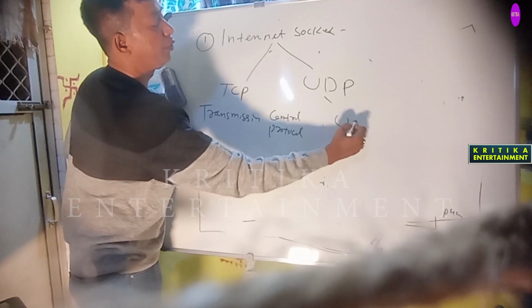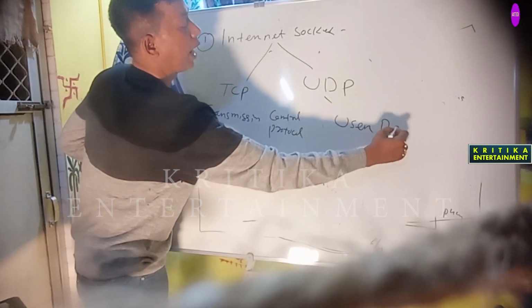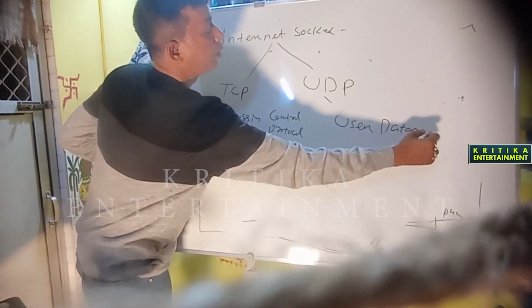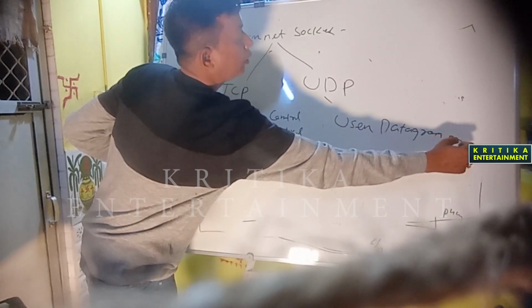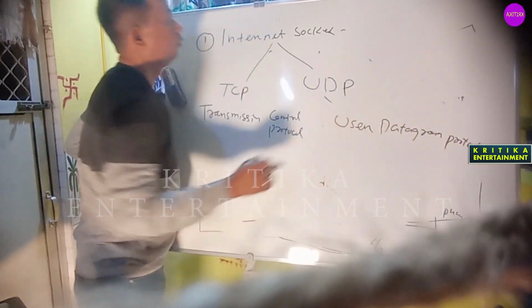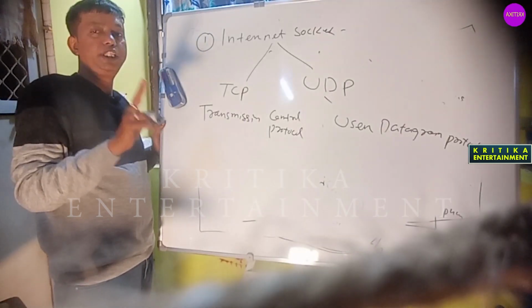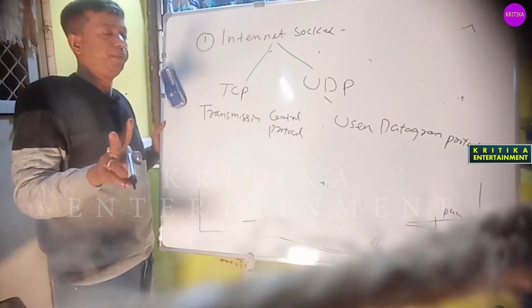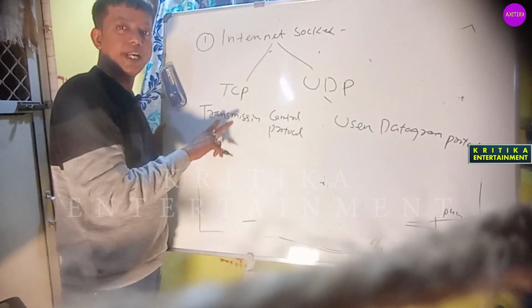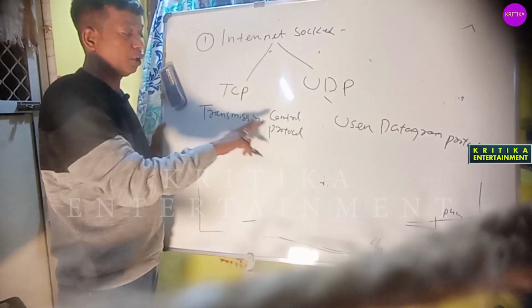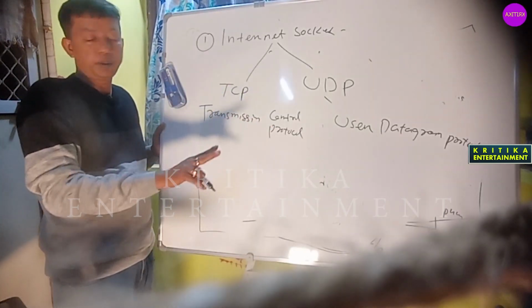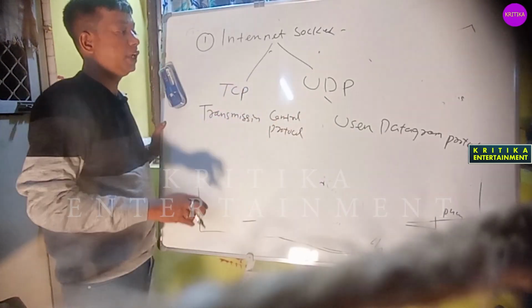UDP is called User Datagram Protocol. So internet sockets are of two types: first is TCP, second is UDP. TCP stands for Transmission Control Protocol, and UDP stands for User Datagram Protocol.